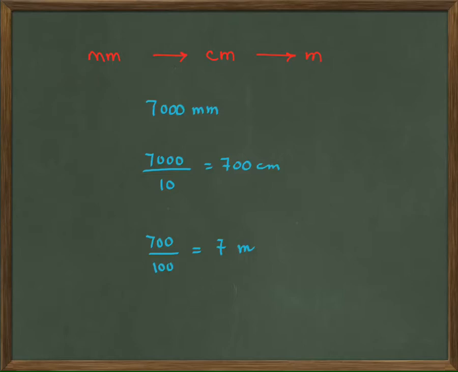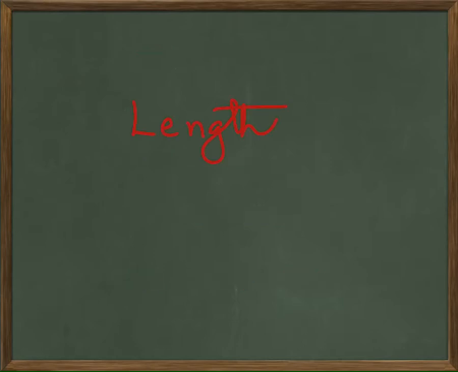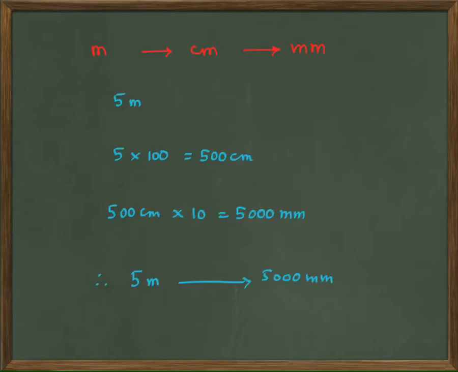If I want to convert from millimeter to centimeter and centimeter to meter, I can take an example of 7000 millimeter divided by 10, make it 700 centimeter, divided by 100, make it 7 meter. So in other words, 7000 millimeter is in fact the same thing as 7 meter. Remember the golden rule that is given over here.